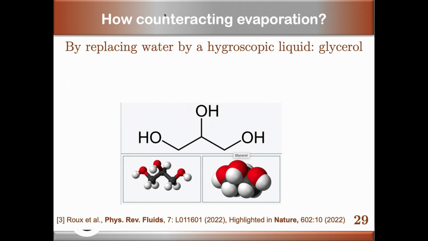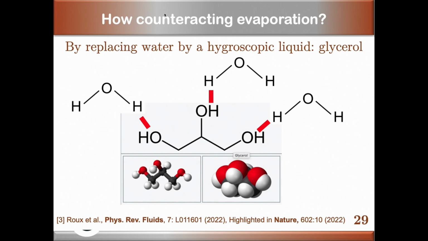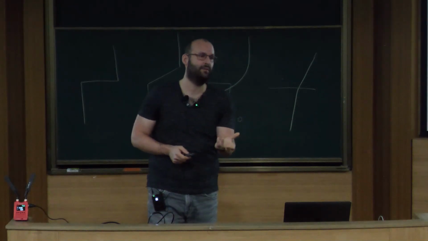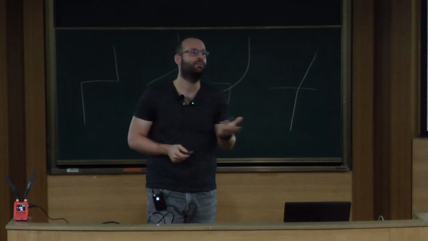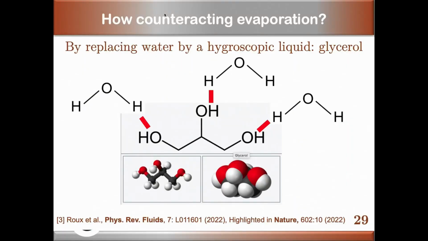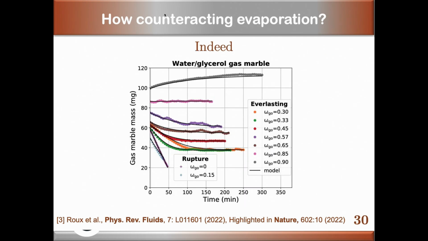You think you have glycerol, but if you are not careful, you have no glycerol anymore, because glycerol is a hygroscopic liquid. It has a lot of hydroxyl groups in this molecule, and it tends to create bonds with water contained in the air. So if you take glycerol and wait for a long time, you have no more glycerol, but glycerol plus water, okay? Glycerol is a very efficient liquid to attract the vapor contained in the air.